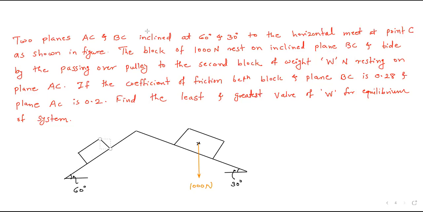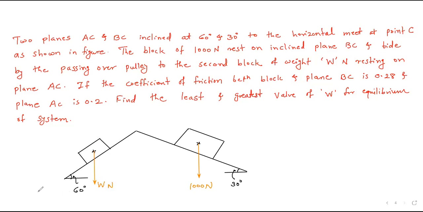We don't know what is the weight of this block. Through the CG of this block, this weight will act. Weight always acts vertically downwards. This is the weight, and it is W Newton.